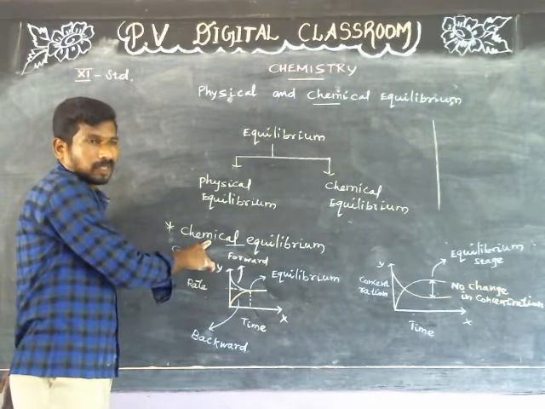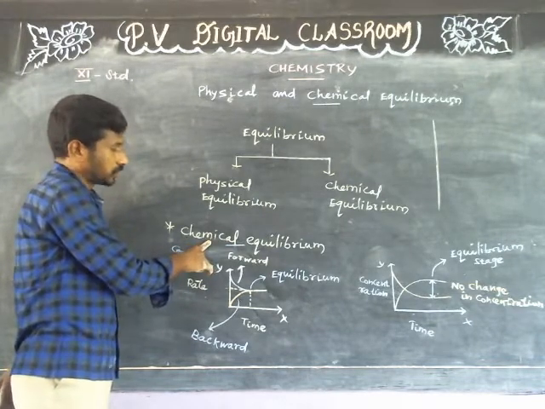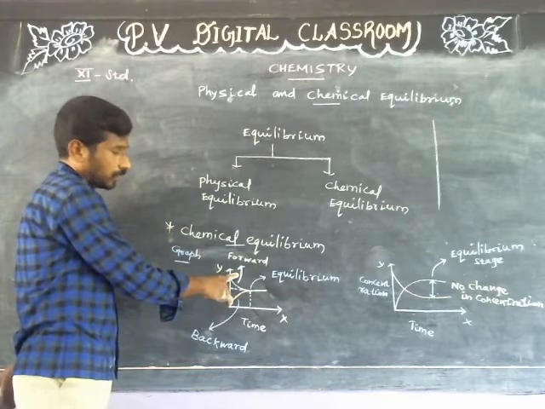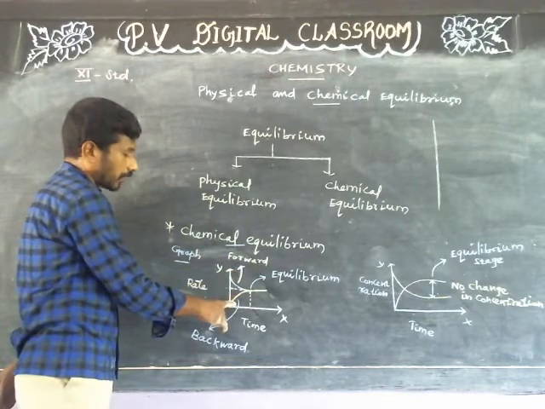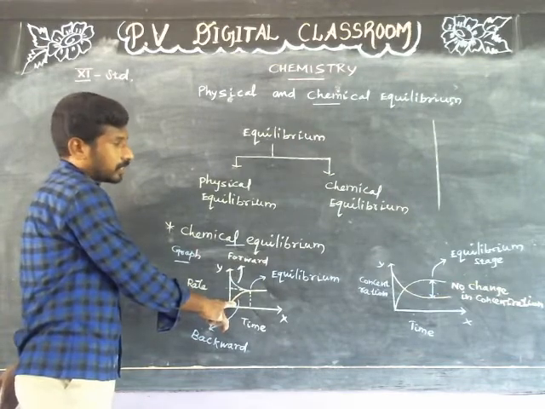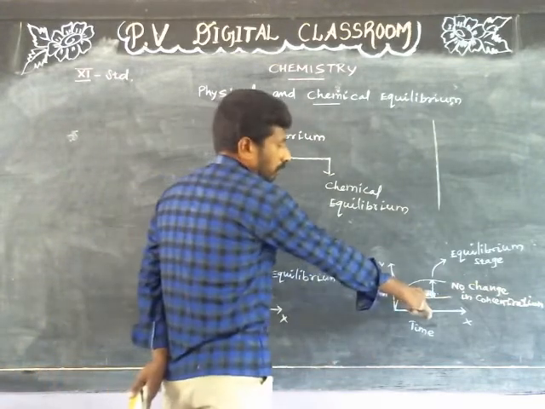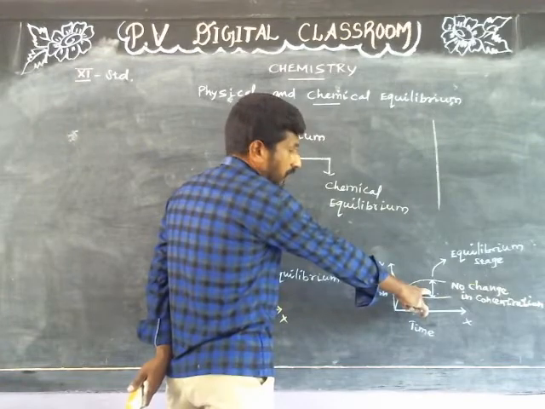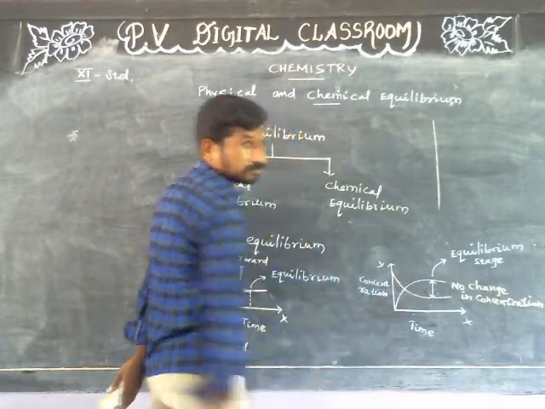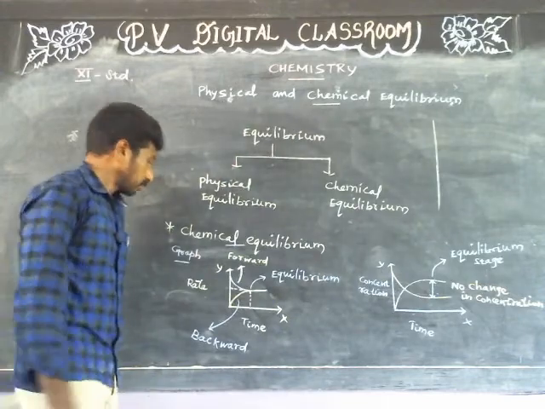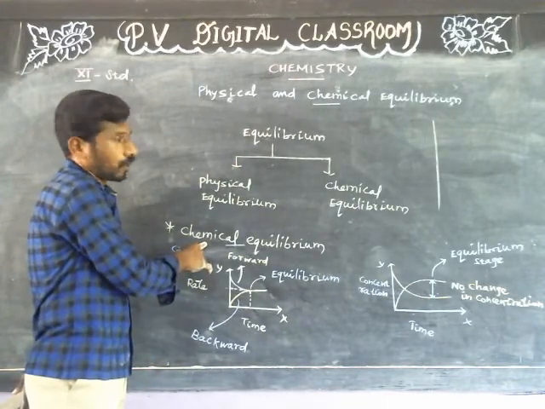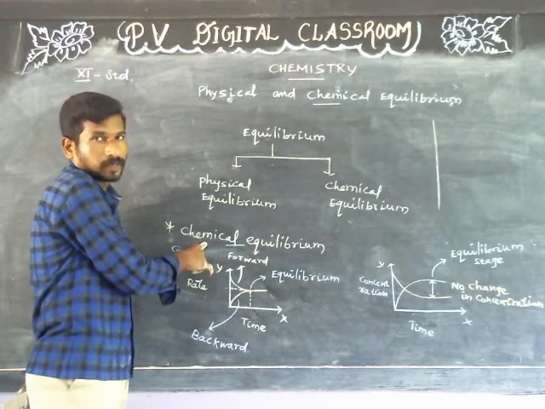Chemical equilibrium is a state in which the rate of the forward reaction equals the rate of the backward reaction. In other words, there is no change in the concentration of the reactants and products. Chemical equilibrium is also called dynamic equilibrium.